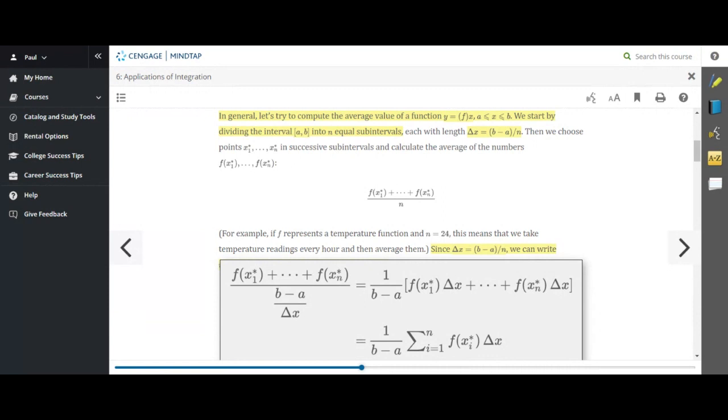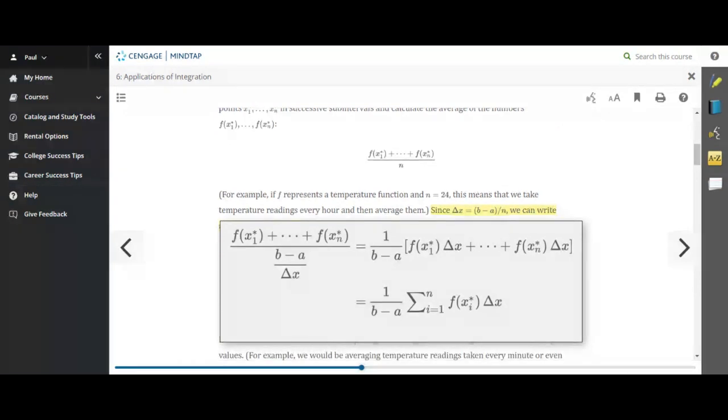The average value of the function is 1 over b minus a times the summation of every function value times delta x. So you end up getting a summation for the average value.